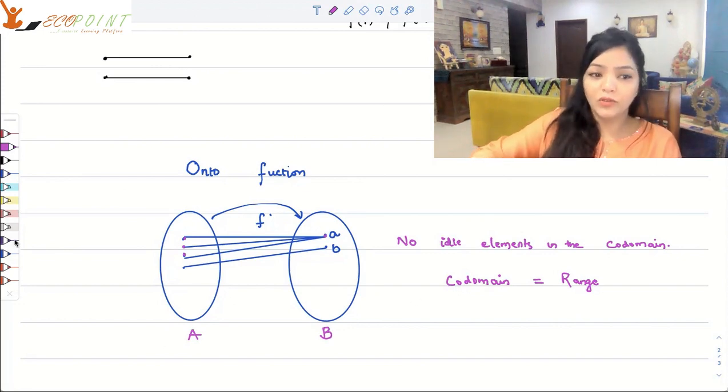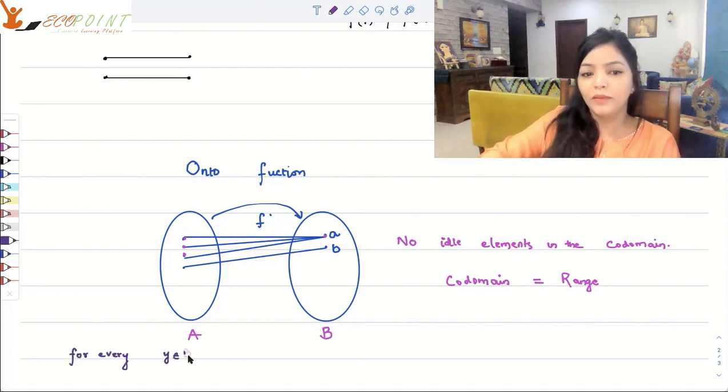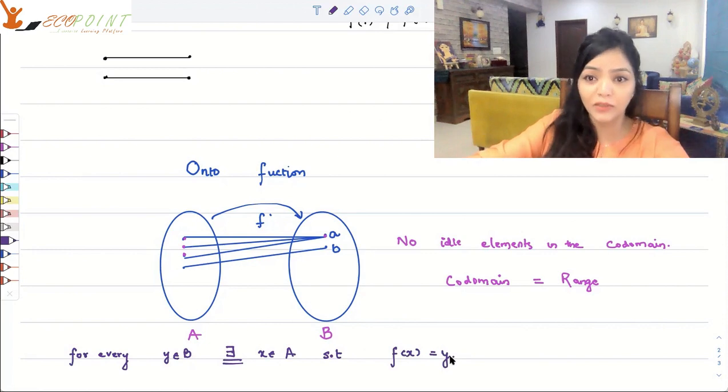So onto means for every, say, y belonging to B, there exists at least one, this symbol stands for there exists at least one x belonging to A such that f of x is equal to y. That means every element in the codomain has at least one pre-image.